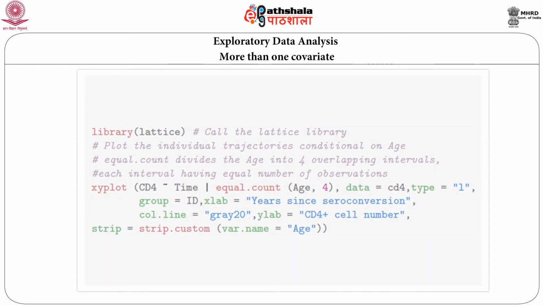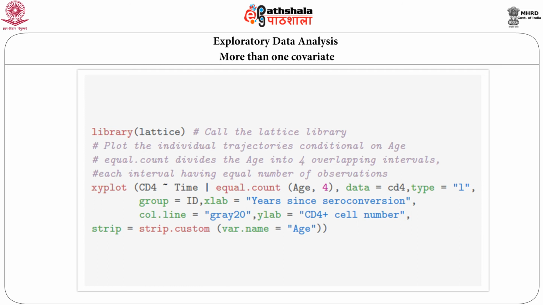Now it may so happen that along with time or the unit of repetition, there can be other variables where our importance lies. For example, in this data, we might also be interested in the scientific question of how age modifies the relationship between CD4 depletion and time. So we can do what is called an XY plot, and this is present in the library lattice. We call library(lattice), and then xyplot CD4 explained by time, conditional on age.